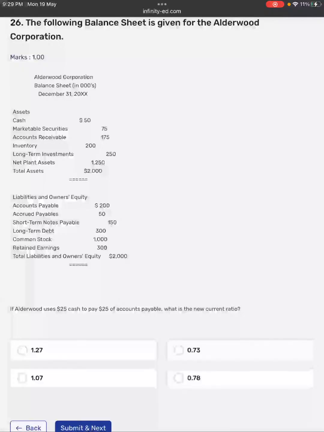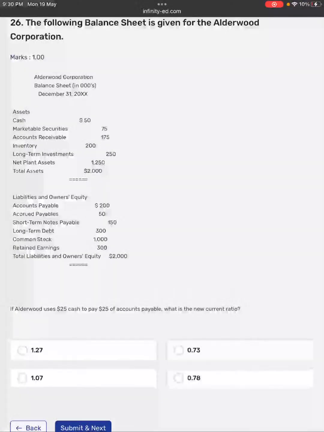Now it is asking about the same question we did earlier. Current assets: total assets 2,000 minus long-term investment 150 minus net plant 112, current assets are 500.